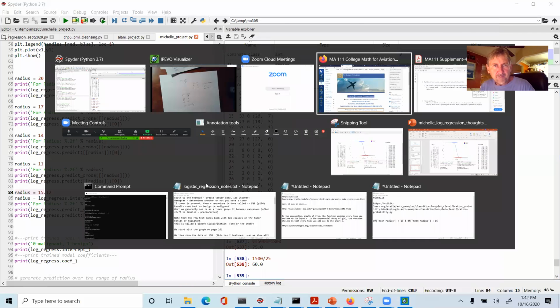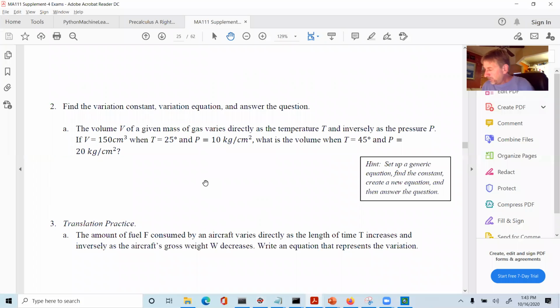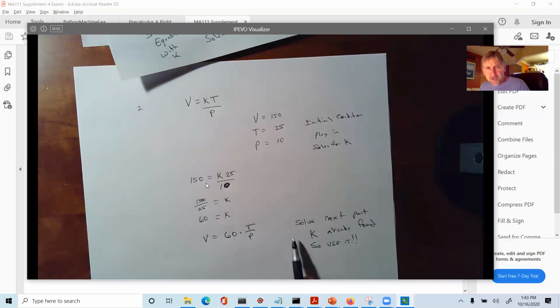Then the second half of the question was, once we know K and we solve for it, now they give us more data. So now we're going to solve the next part.